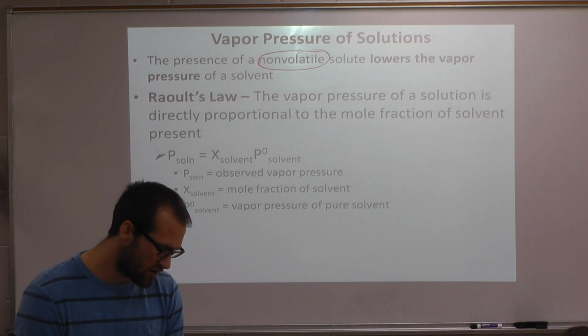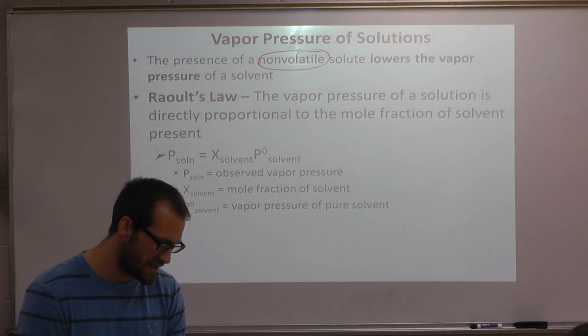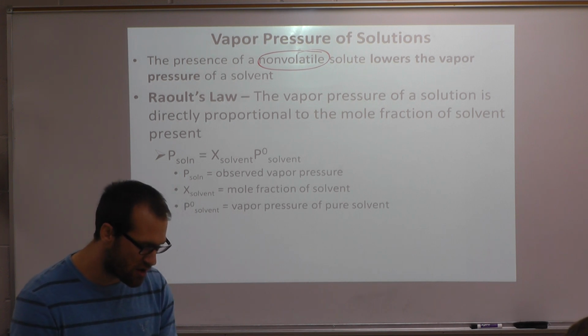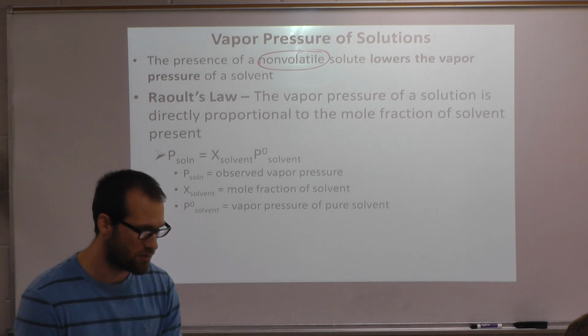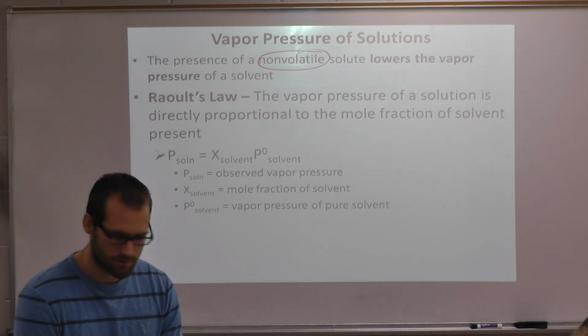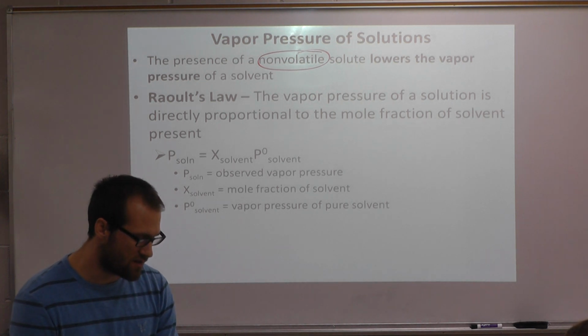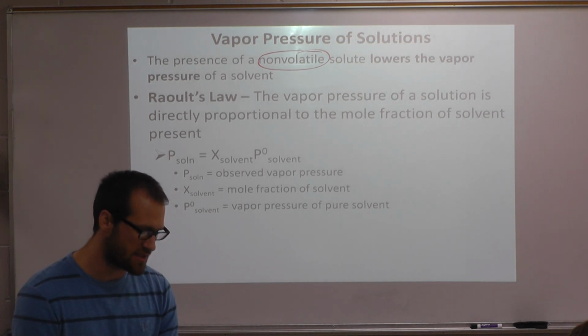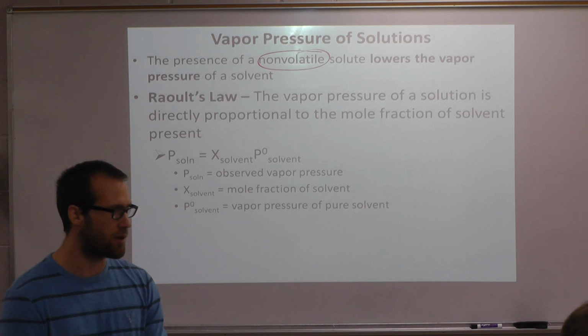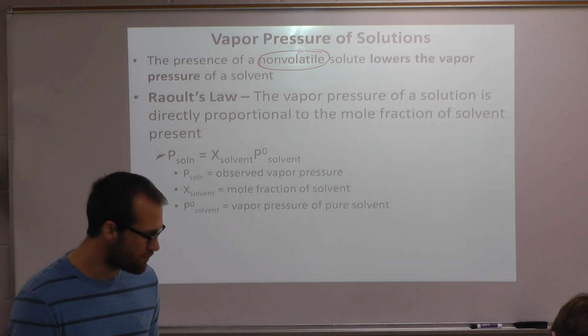The dissolved non-volatile solute decreases the number of solvent molecules per unit volume. Everybody hear what I said? Let me read that again. This is the why. The dissolved non-volatile solute decreases the number of solvent molecules per volume.